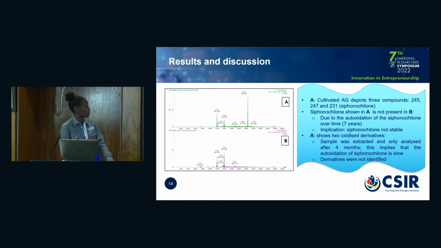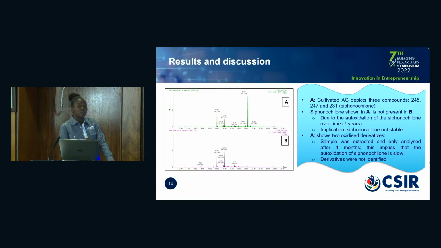Here it is shown that the sample that was stored 7 years ago, after being extracted this year, now shows no presence of the major chemical compound, which was found 7 years ago. It's no longer present now. And then there are other 2 major chemical compounds that were identified as compound 254 and 257.